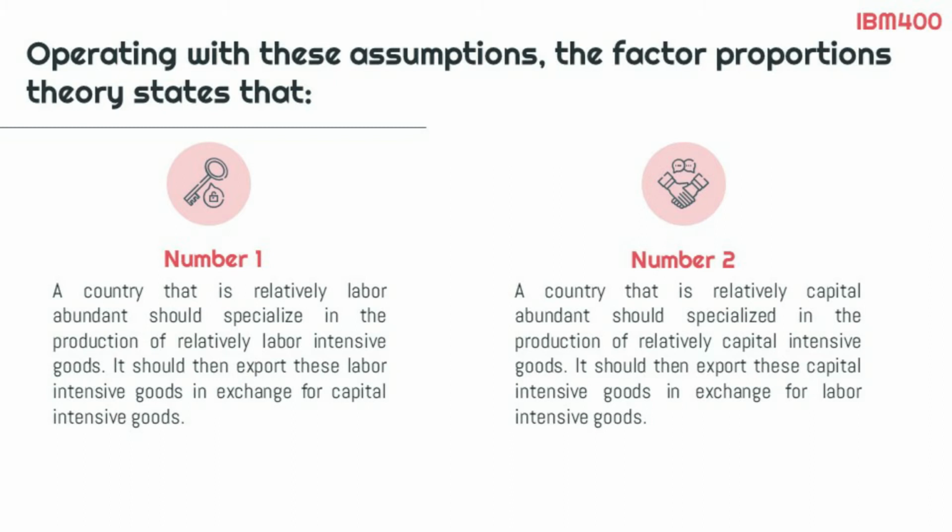It should then export this labor intensive good in exchange for capital intensive good. Second, a country that is relatively capital abundant should specialize in the production of capital intensive good. It should then export this capital intensive good in exchange for labor intensive good.